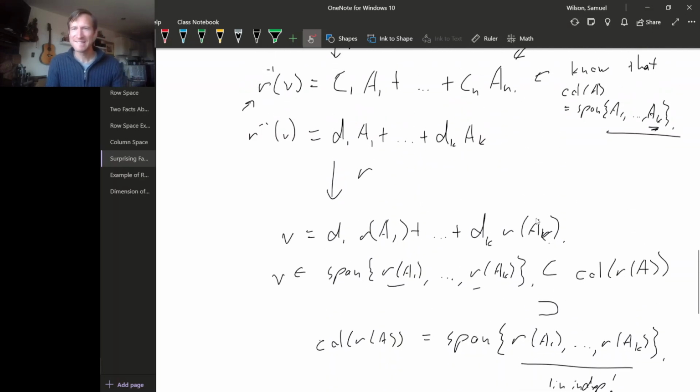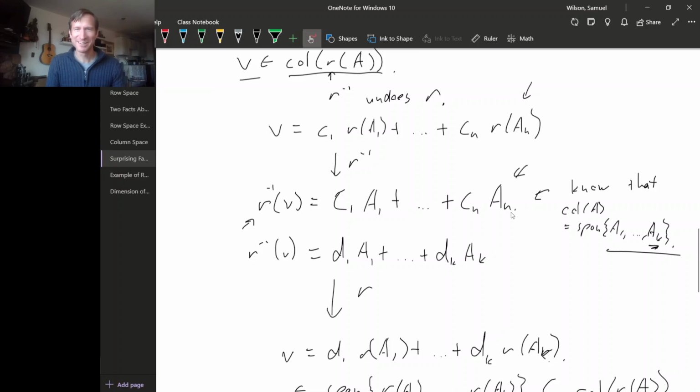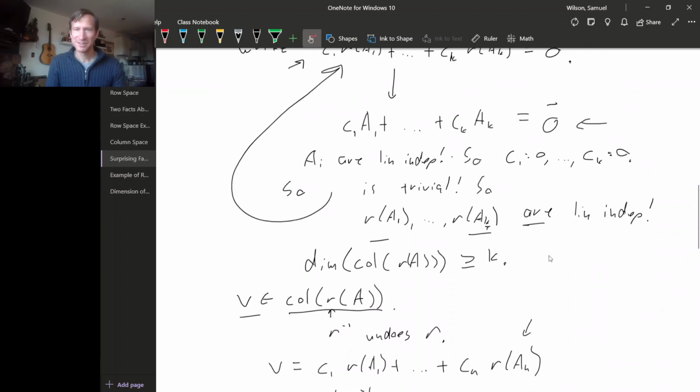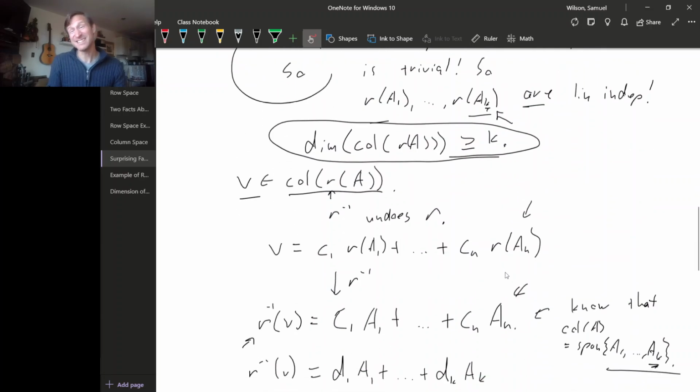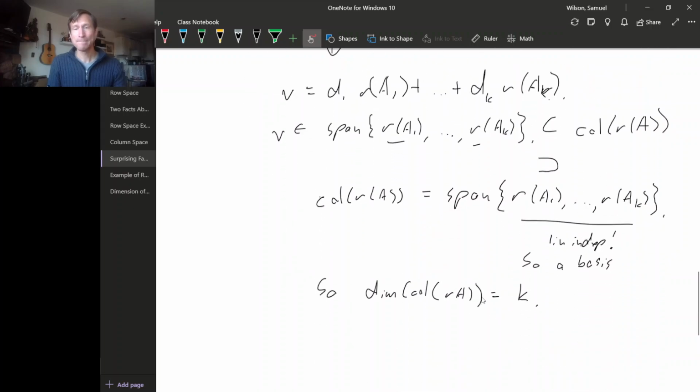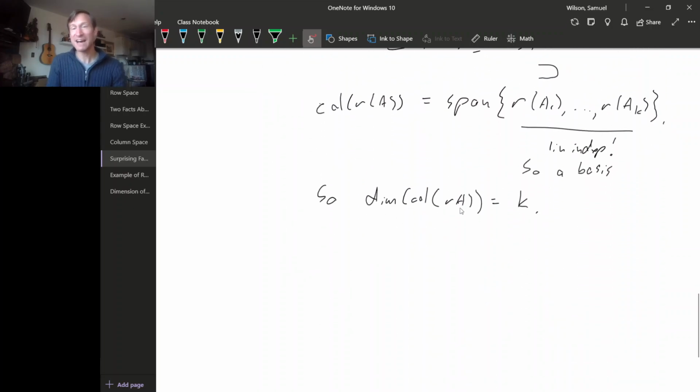But look, way up here somewhere, we already knew that the dimension of the column space was greater than or equal to k. Well, now we know it's exactly k. So the dimension of the column space after the row operation is k. But at the very beginning, we saw that the dimension of the column space before the row operation is also k, because we had this basis A1 through AK.